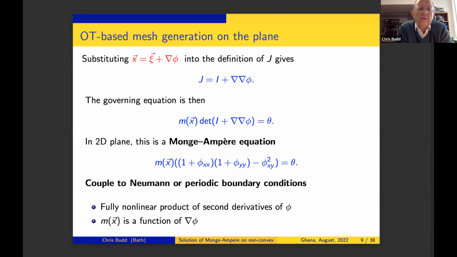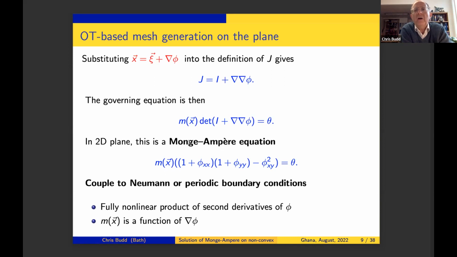Okay, just a little bit extra. This is fully nonlinear. Everything you look at in sight is nonlinear. And you augment this with boundary conditions, which basically are that the boundary of the mesh of one domain is mapped to the other. Or if it's periodic, then you put in the periodicity.